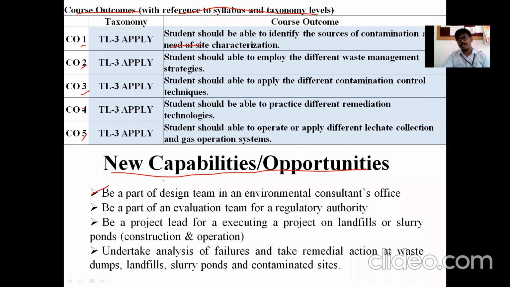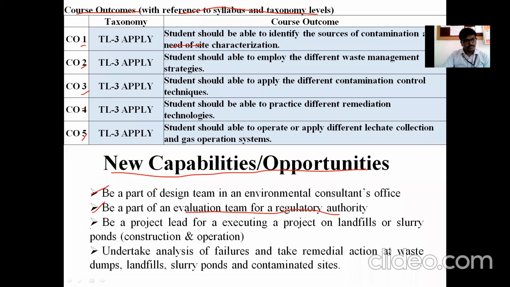The second point is to be a part of the evaluation team for a regulatory authority. The evaluation team is about checking the quality of water or any contaminated soil, and what methods or remediation techniques are to be used to overcome the contaminated soil. The evaluation team takes care of those things.